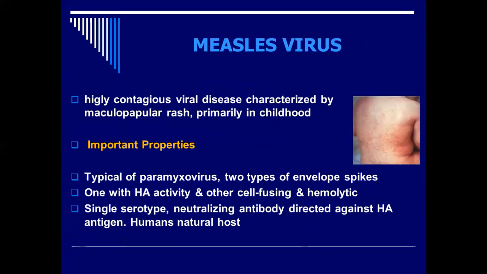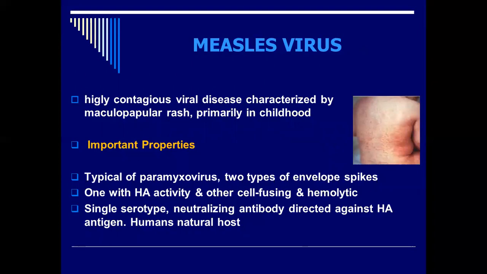The measles virus causes the disease which we know as measles. It is a highly contagious viral disease which is characterized by the maculopapular rash, and this is primarily found in case of children.